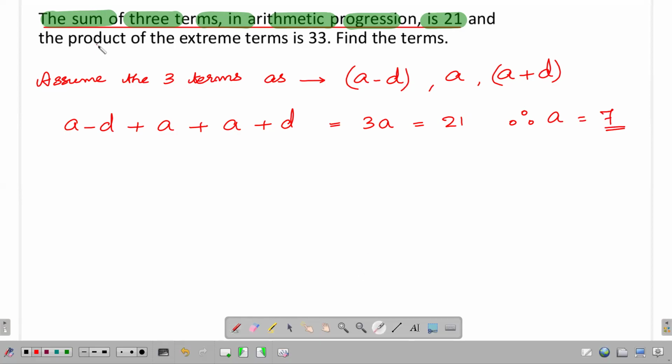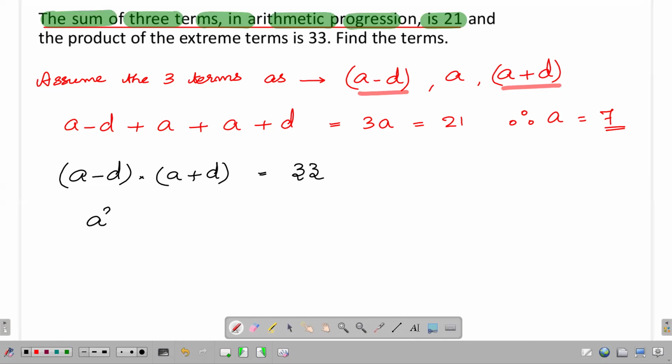Now please observe the product of the extreme terms is given as 33. Which are the extreme terms? They correspond to A minus D and A plus D. Their product is given as 33. So if I rewrite it, A minus D into A plus D is coming as 33.